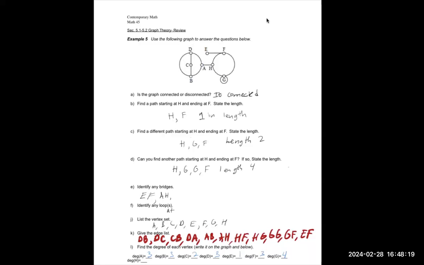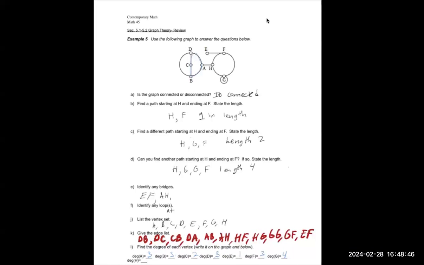But okay, so start at C, then go to D, and then A, B, back to C. So C, D, A, B, then back to C. And let's count the number that we go here. So 1, 2, 3, 4. And there we go. All right, there's the review practice.